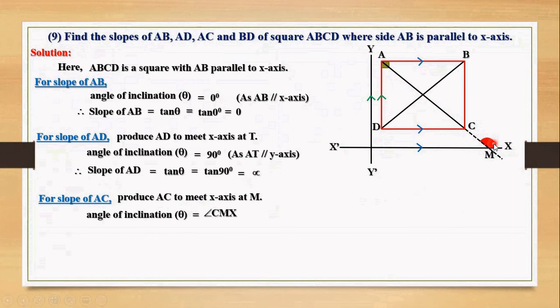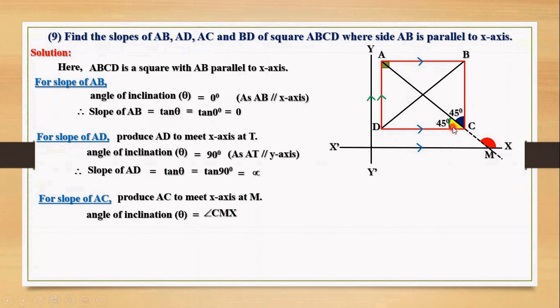For this, we use the property of the diagonal of a square that it bisects the angle at the vertex. Since the angle at the vertex is a right angle, 90 degree, and the diagonal bisects it, both angles are 45 degree. Now this line DC is parallel to the x-axis.